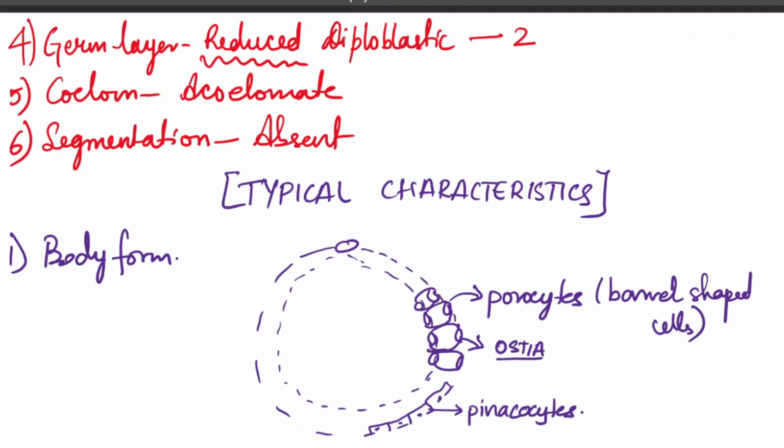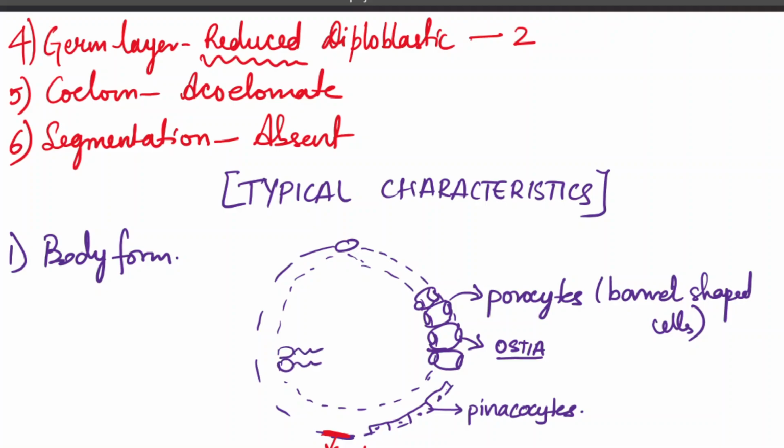This outer layer is called pinacoderm, so obviously the cells on the pinacoderm are called pinacocytes. Like how pinacocytes are on the outer layer, the inner layer cells are also there, which are something like this.